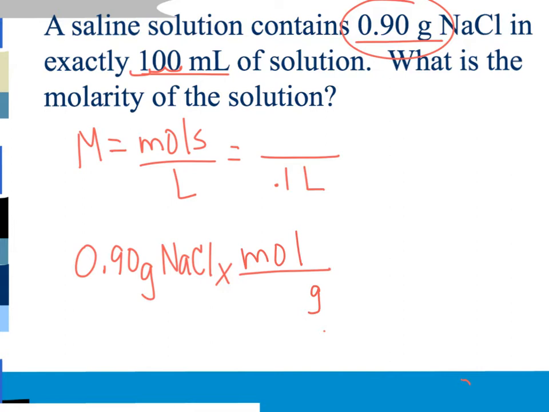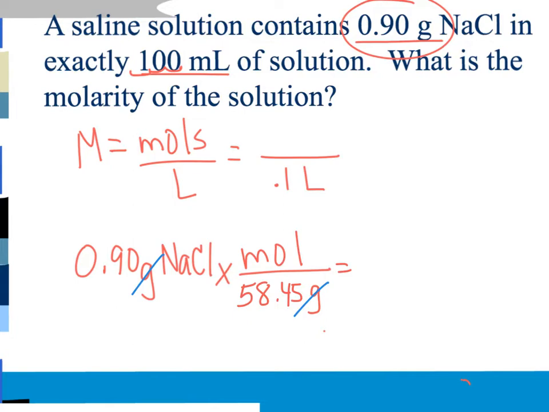On your periodic table, add up sodium chloride and put that number there. If you add it up correctly, you should get approximately 58.45 grams. Notice that the grams will cancel.